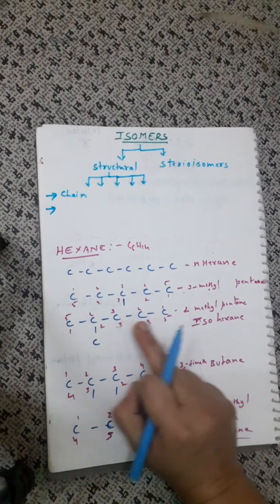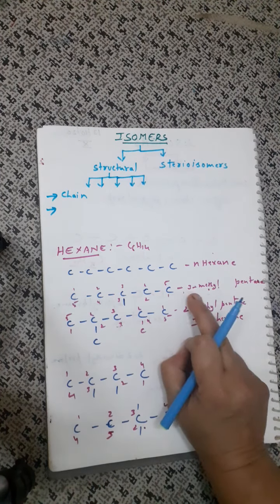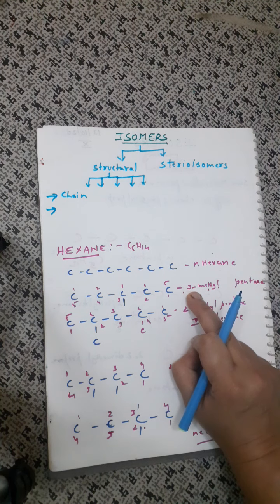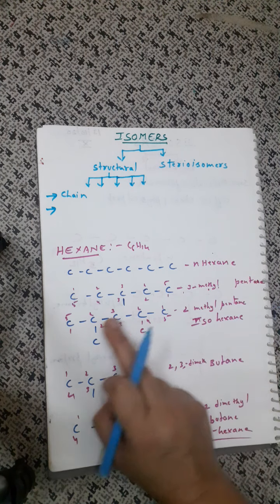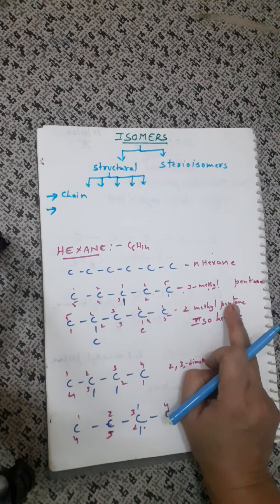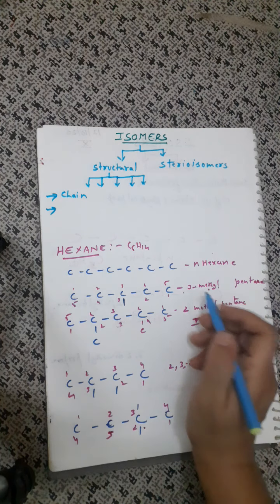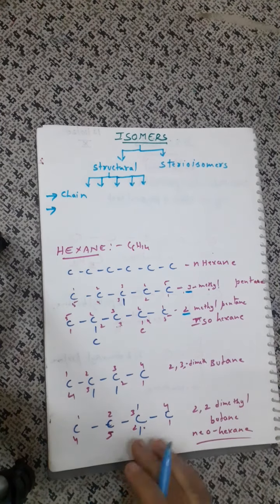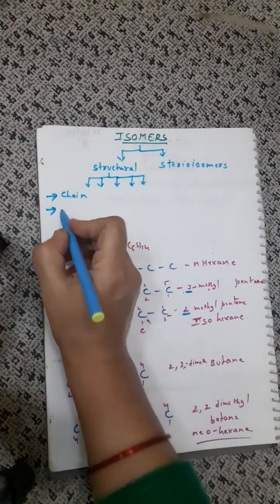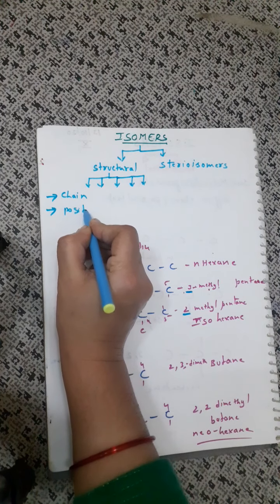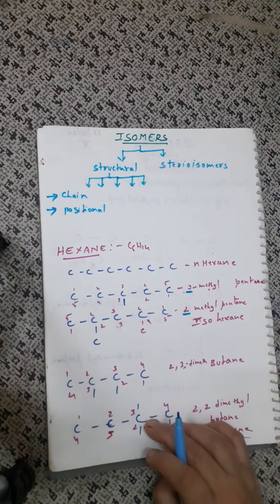Then you have another type of structural isomer. Observe the second and the third one. See the formula, children: 3-methyl pentane for the second isomer of hexane, and the third one is 2-methyl pentane. What difference has come here? The difference is in the positioning of the methyl group, whether it is on the third carbon or on the second carbon. So these are called position isomers.